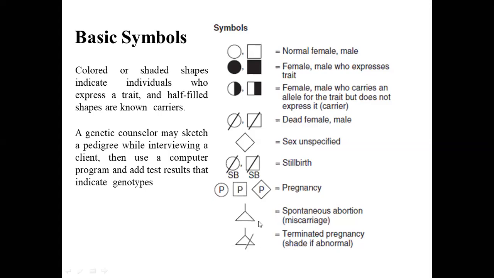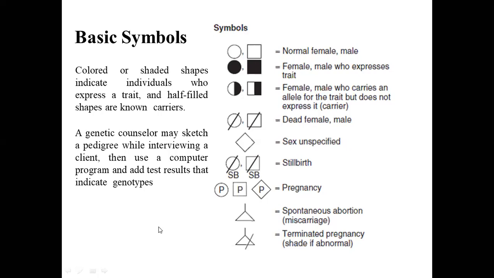Then there is a triangle, that is spontaneous abortion or miscarriage. And if there is a line through it, then it is a terminated pregnancy or shade if abnormal. And sometimes females have problems with the pregnancy, and this just passes on in the family as a disease. So at that time you have to represent it by this one.